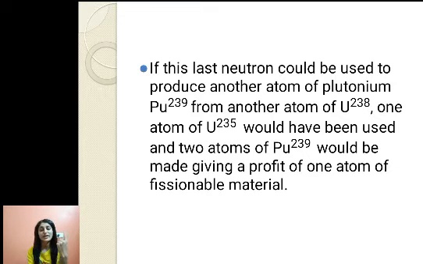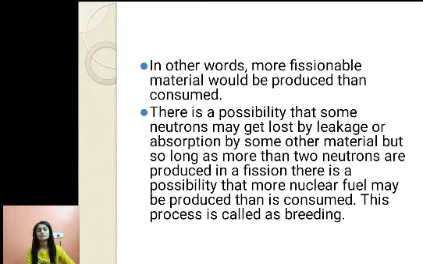Now we have a third neutron also. If that last neutron could also be used to produce another atom of plutonium, then from one atom of uranium 235 I am getting 2 atoms of plutonium 239, and plutonium 239 is fissionable material. In other words, more fissionable material would be produced than consumed.